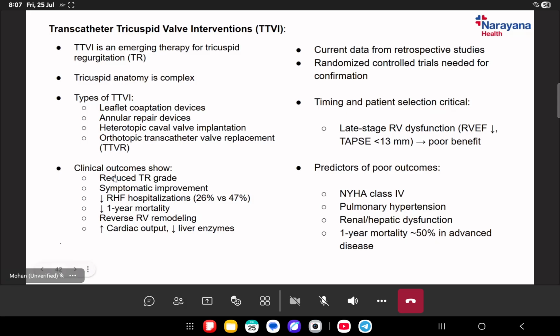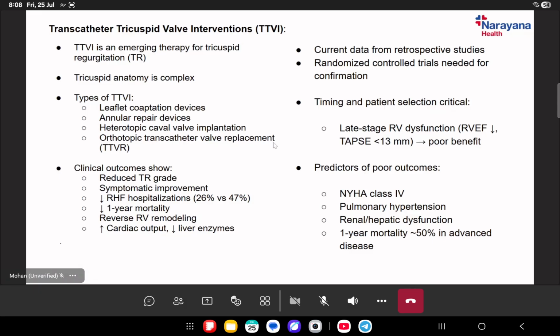Using these devices, clinical outcomes show reduced TR and symptomatic improvement, decreased hospitalization, decreased mortality, and reverse RV remodeling. Increased cardiac output and reduced liver enzymes.